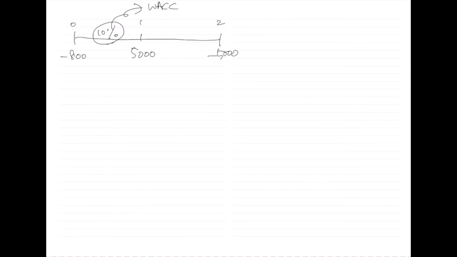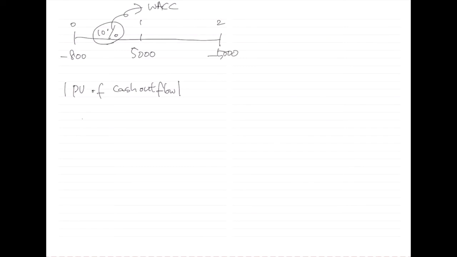So as I mentioned before, MIRR, the general equation is absolute value of present value of cash outflow. What is cash outflow here? The negative number, right? So you can write as this.